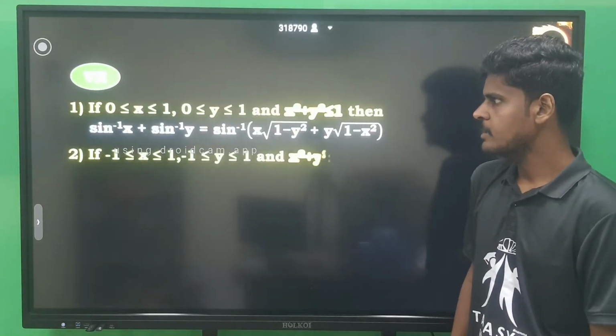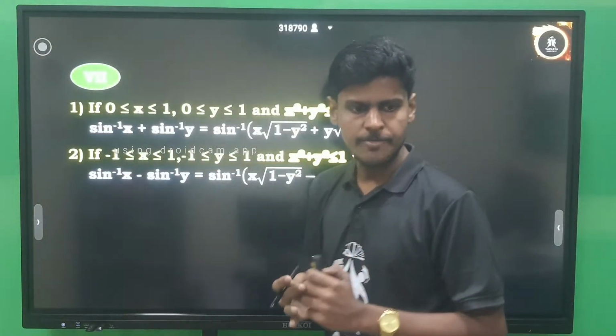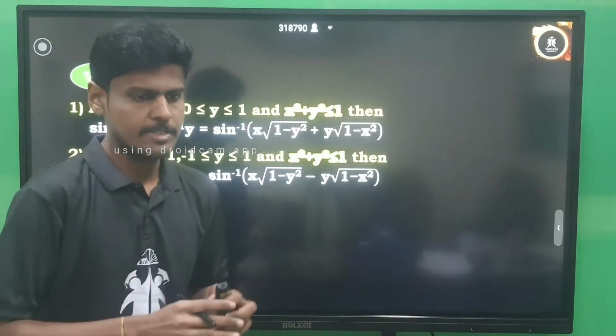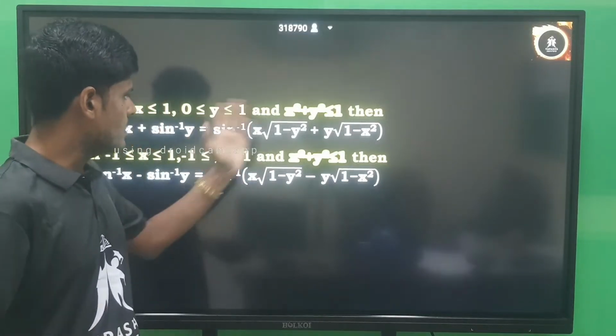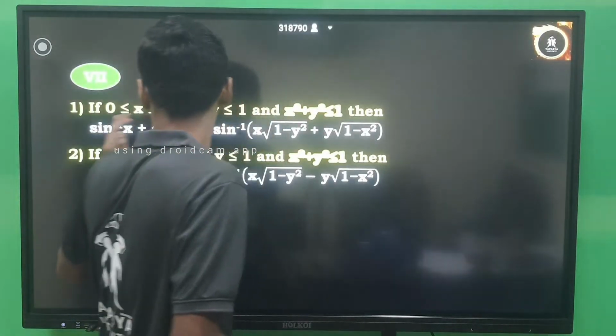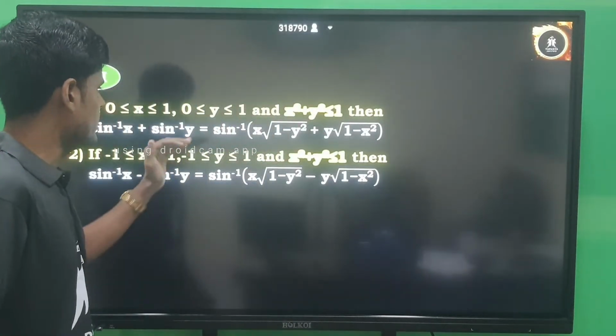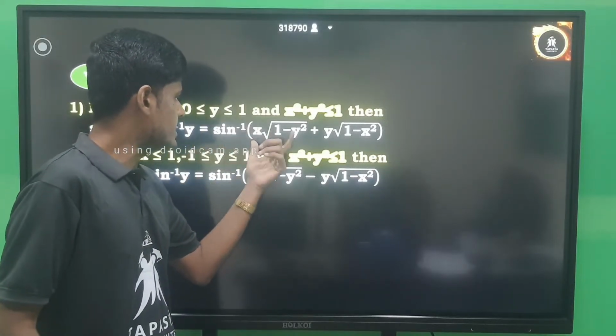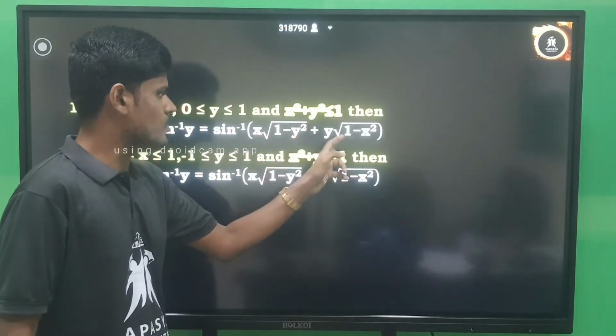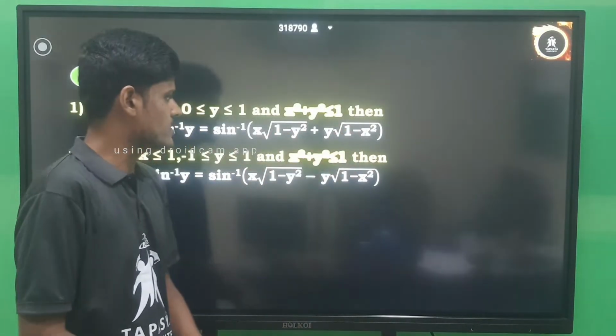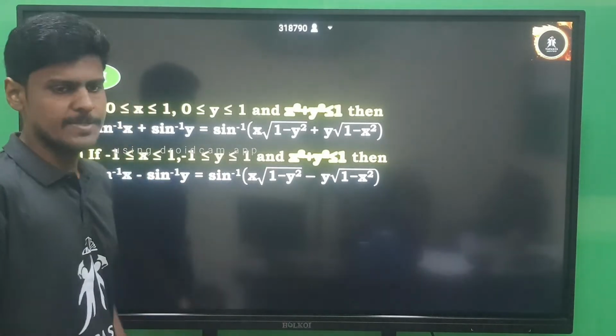Next property. Again, this is a property for circular trigonometric functions. When we add two angles, how will it be? Sin inverse x plus sin inverse y is equal to sin inverse of x into root 1 minus y square plus y into root of 1 minus x square. Proof is very simple.